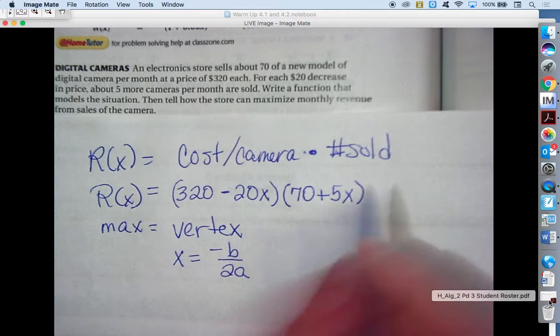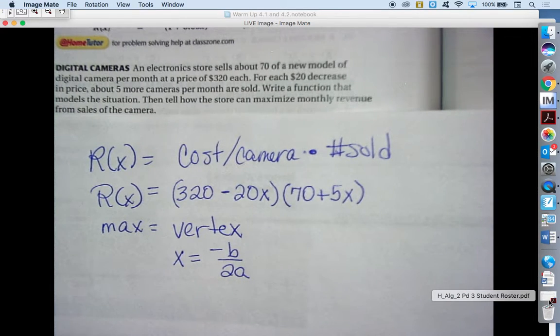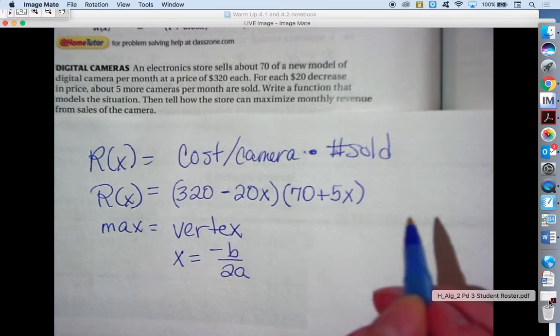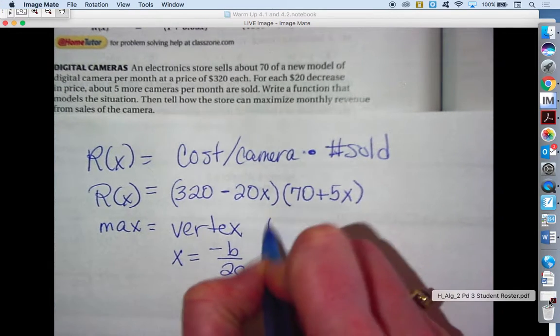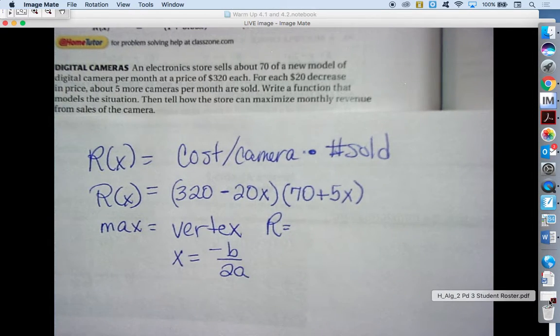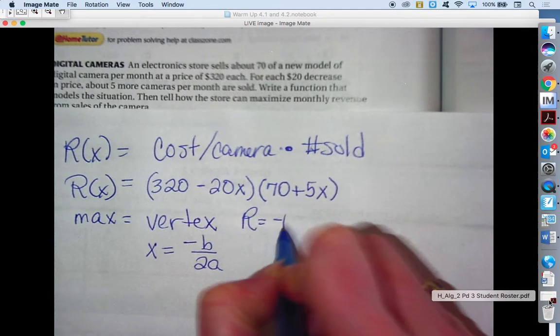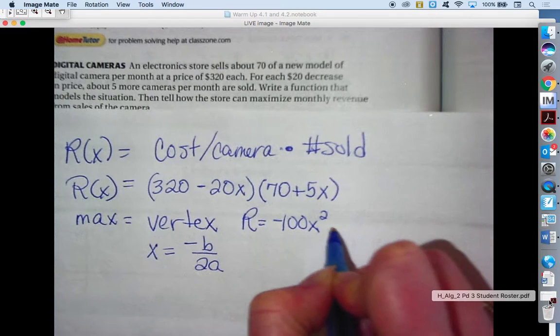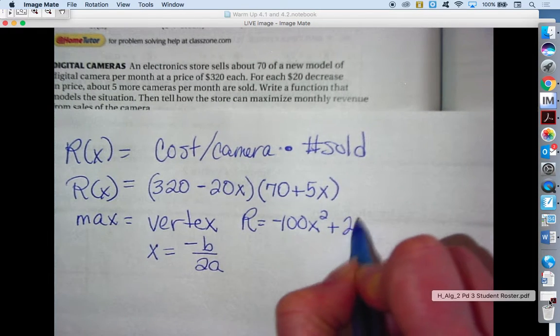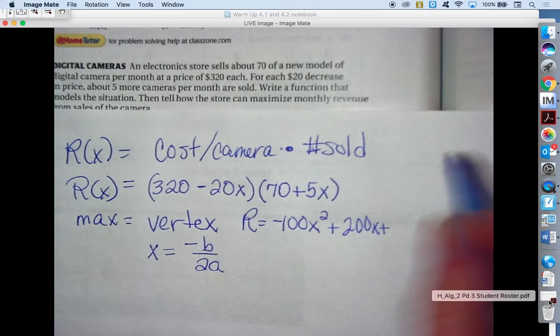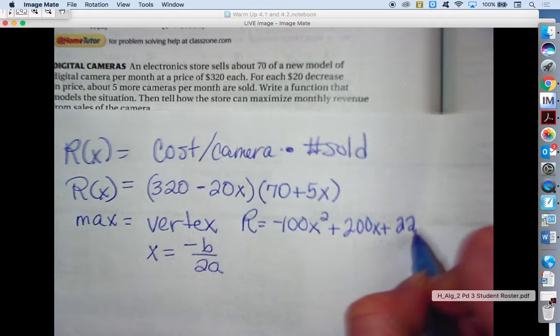So in this case, Emily, do you have this foiled out? Perfect, thank you.